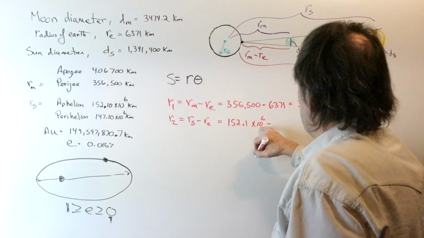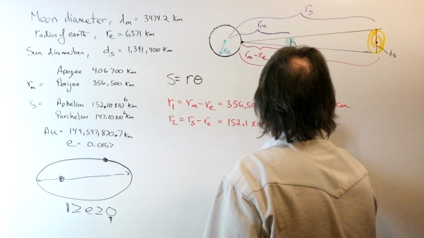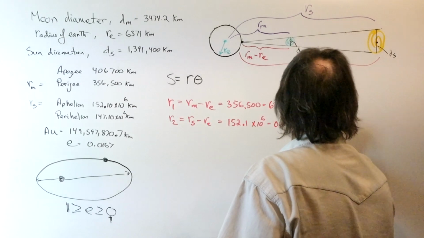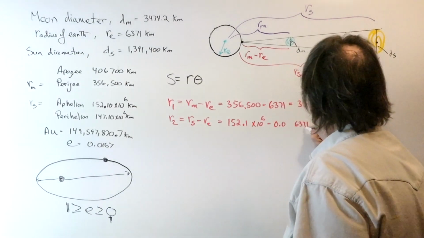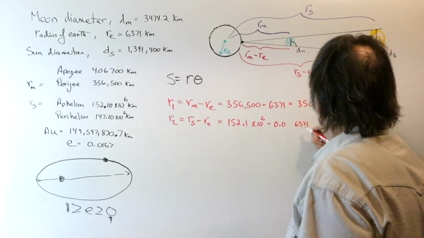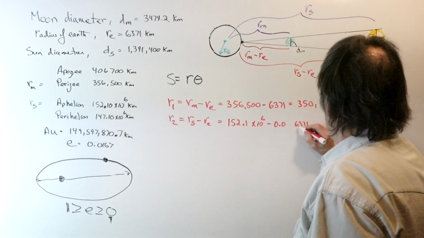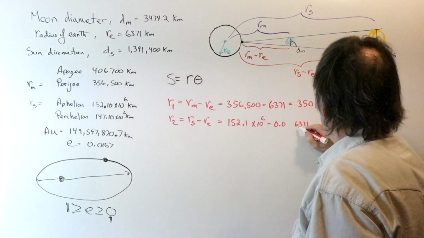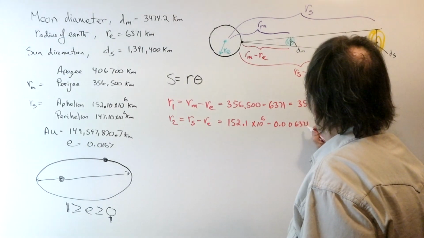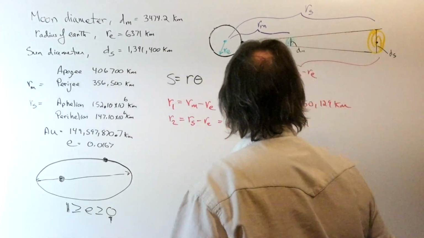expressing it in terms of millions of kilometers, it would be 0.006371. We move 6 decimal places, 1, 2, 3, 4, 5, 6, since that's in terms of kilometers.